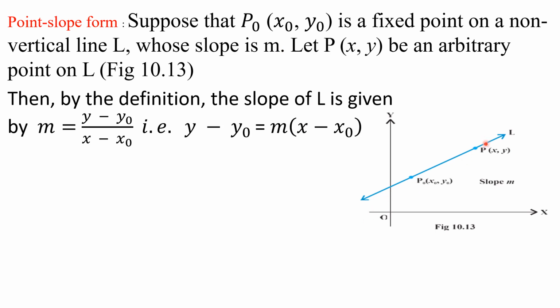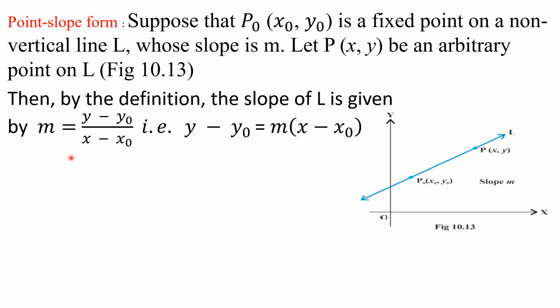Okay, my children. To find the equation of a line, we assume an arbitrary point P x, y on the line. Let P ordered pair x, y be an arbitrary point on L. Observe this figure 10.13. Then by definition, the slope of line L is given by m is equal to, what is the slope of the line?